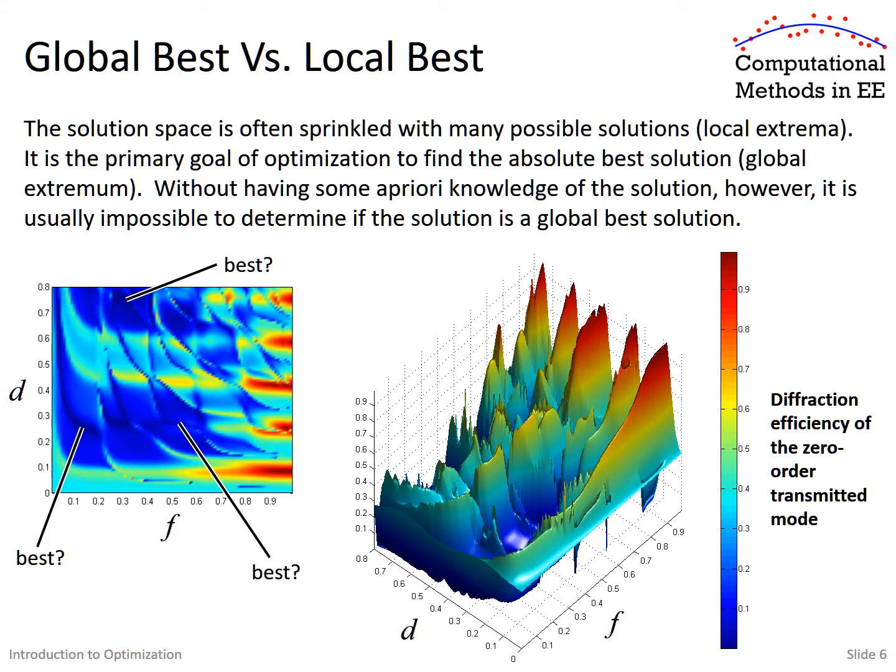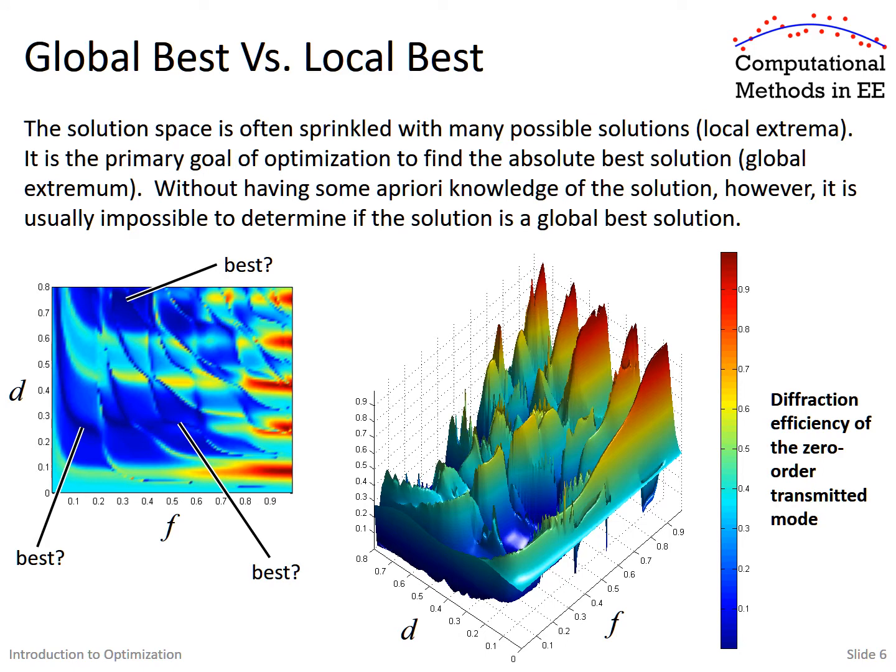And very easily, optimization algorithms can get stuck in these local best solutions. And really, we'd like to search our solution space a bit more comprehensively to find which one is the absolute global best. And there's a lot of claims of different optimization algorithms being able to guarantee finding the global best.